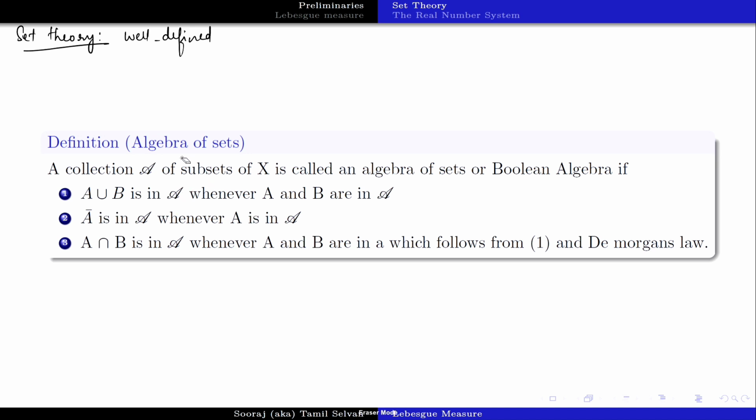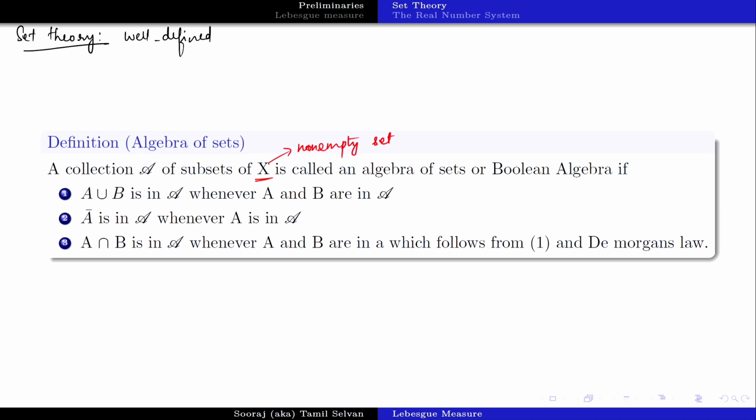Now let me get into the definition of algebra of sets. Okay, here we are going to collect the subsets of some set. Here X means it is some non-empty set. It can be any type of a set. Basically we need a set to define algebra.